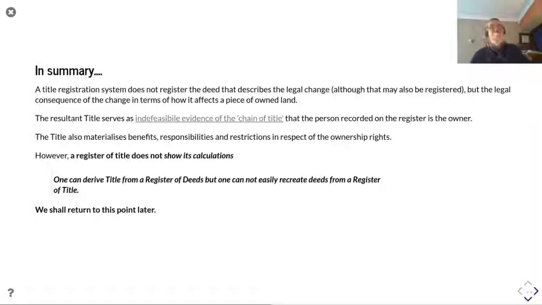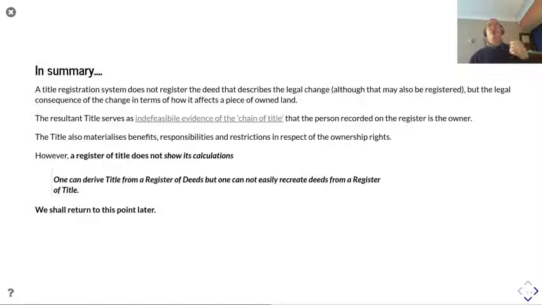Perfect. So in summary, a title registration system doesn't register the deed but describes the legal change, although that deed may also be registered, but it describes the legal consequences of a change in terms of how it affects a piece of owned land. The resultant title serves as indefeasible evidence of the chain of title, so that the person recorded on the register is the owner.